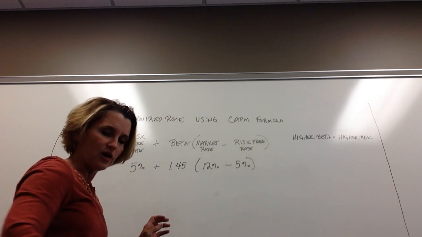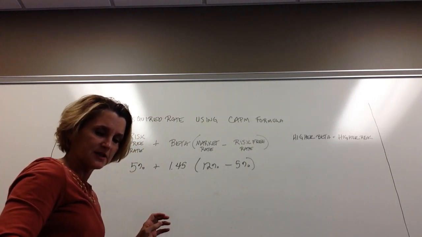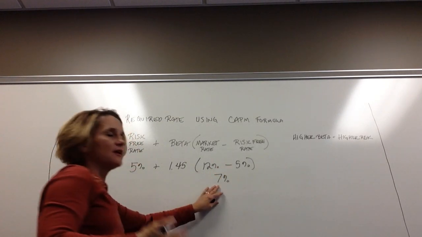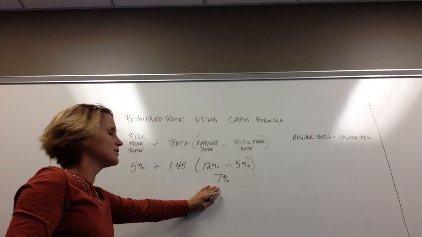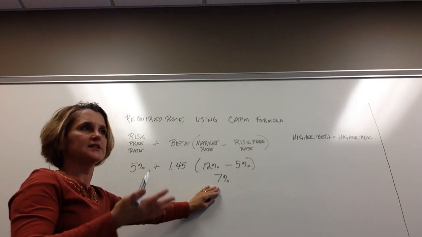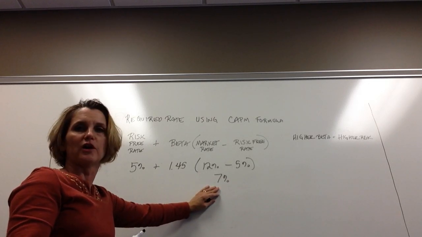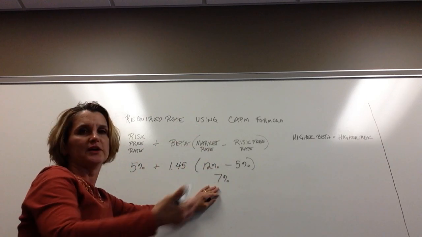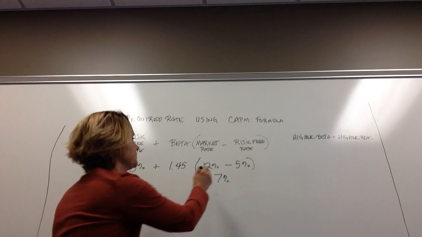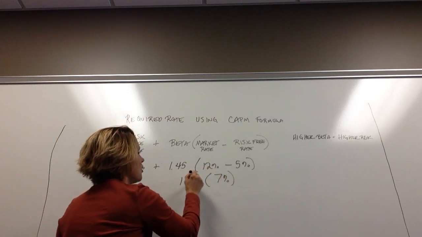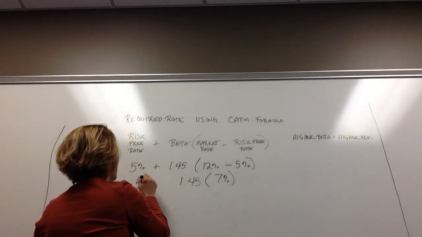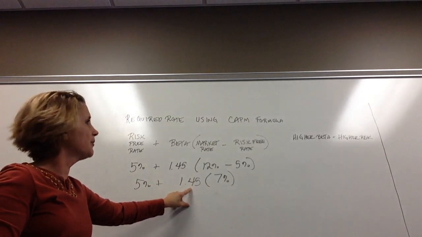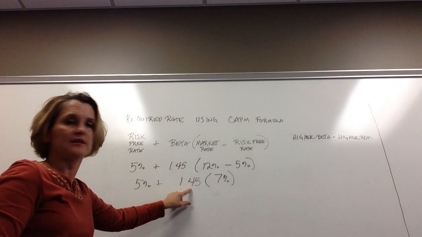So if we take our 12% and subtract out 5, that leaves us 7%. And then the book calls that a risk premium. So that's the risk associated with investing in the stock market over a government bond. Because it's more risky, we expect to make that higher return. But now we have to multiply that by our 1.5, because the 1.5 is saying that this manufacturing company is actually more risky than the market.